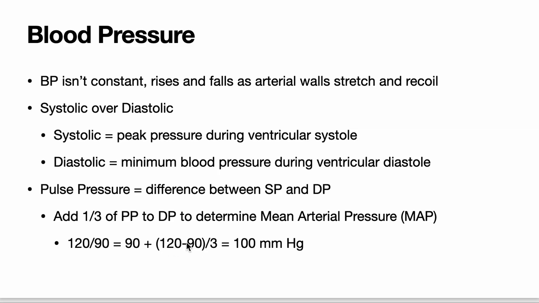And then we only want 1/3 of it, so we divide it by 3, and that will give us our mean arterial pressure. If you do this math, it comes out in this example to 100 millimeters of mercury. So that would be our mean arterial pressure for someone whose blood pressure was 120 over 90. But if this was 110 over 80, then you would have 80 here, and then you'd have 110 minus 80 divided by 3. So this is an easy thing to figure out once you know the formula.